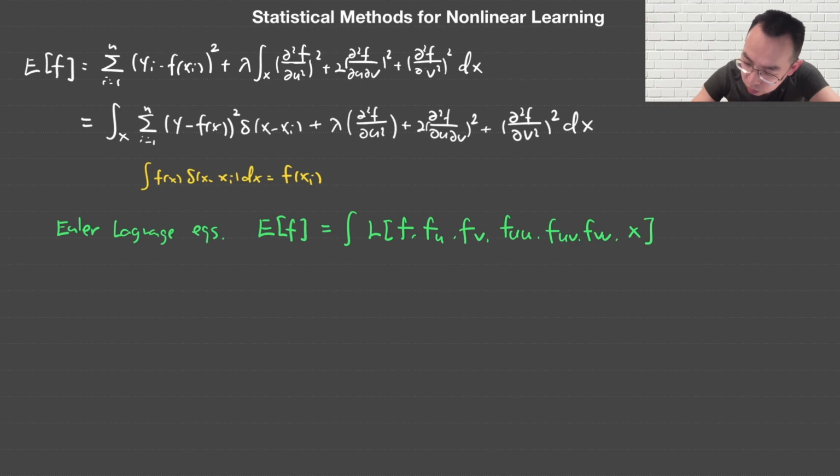Suppose it has this form, then the optimal solution is defined this way. The epsilon means this functional derivative.